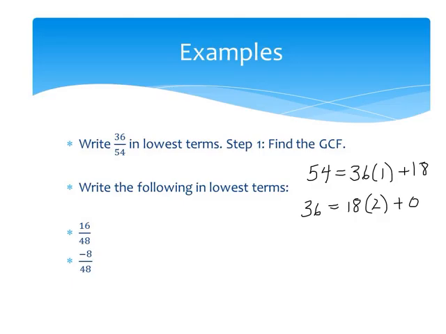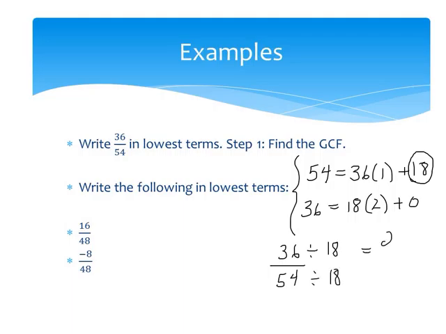I think most of you prefer the Euclidean algorithm, so that's what I'm using over here to find the GCF. We said that the remainder before 0 is the GCF, so in this case, there's your 18. And what we would do would be to take the 18, and we're going to divide 36 and 54 each by 18. And that gives you your 2/3.